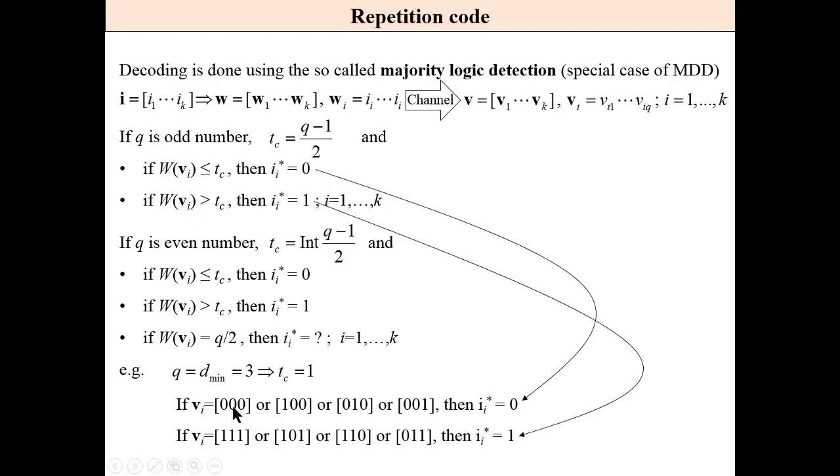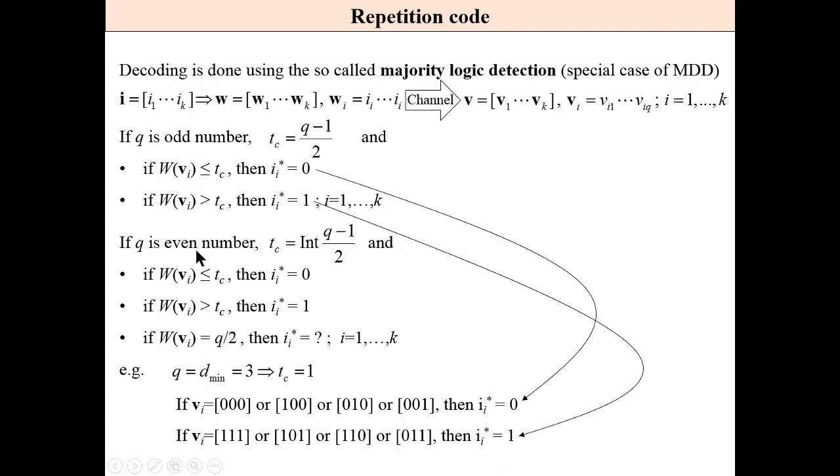This is an example, q equal 3, so all sequences with a single 1 or triple 0 are detected as 0. All sequences with double 1s or triple 1 are detected as 1.